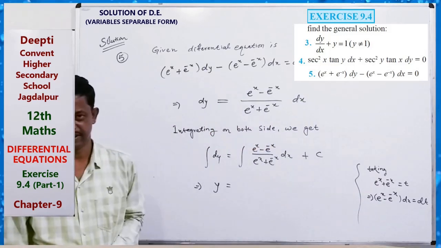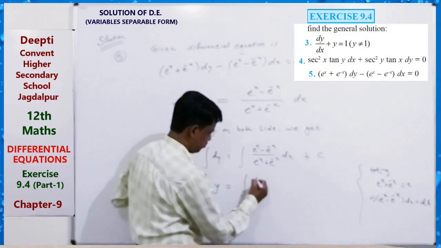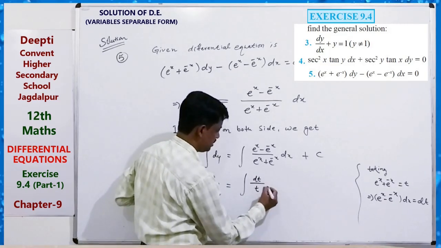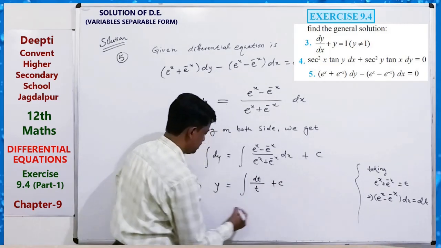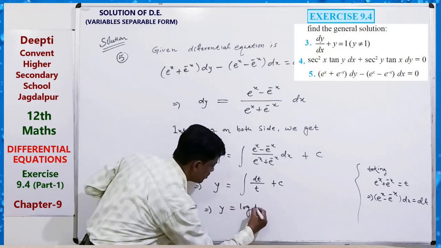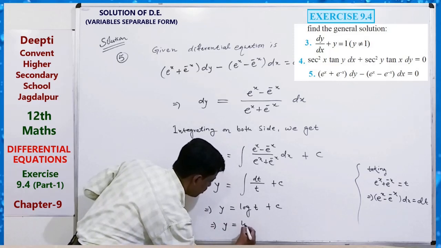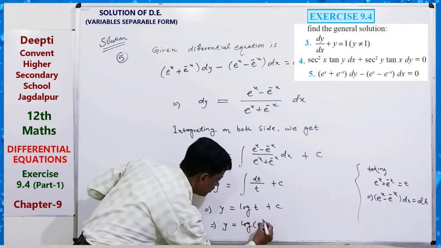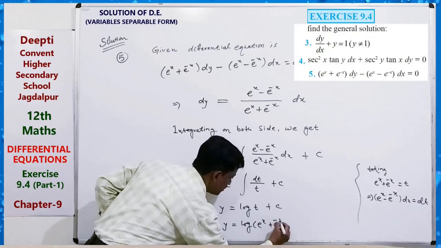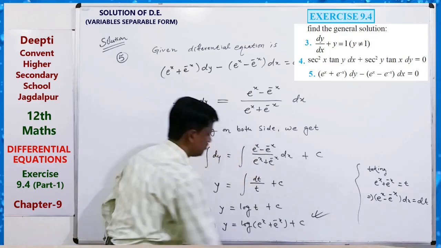We can get y equals to integration of dt by t plus c. So y equals to log of t plus c. That is y equals to log of e to the power x plus e to the power minus x plus constant. So this is the solution.